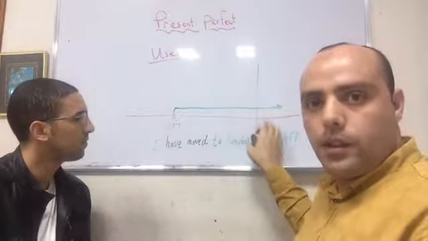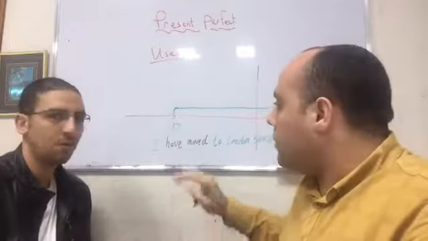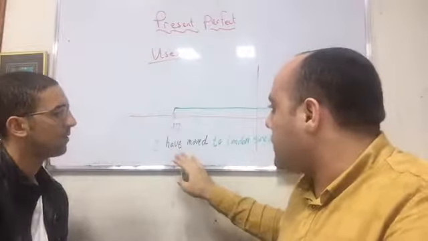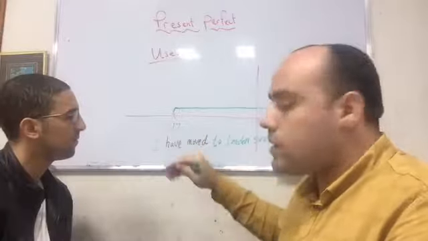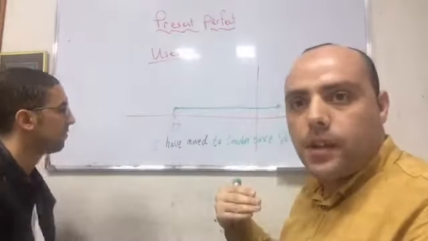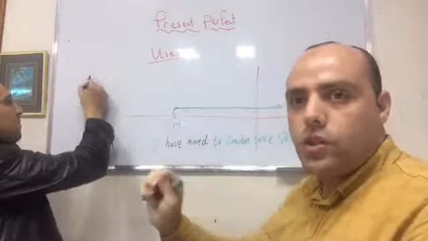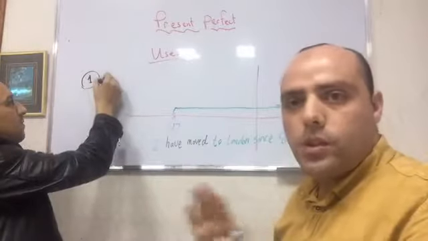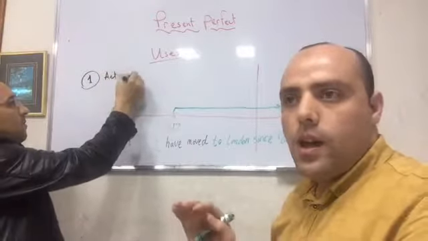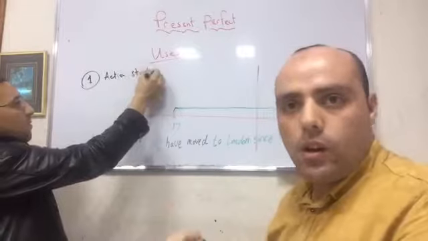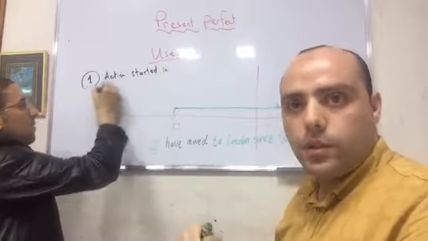And also you can use it to express an action that happened and ended in the past, but just a short time ago. For example, I've cleaned the car, as in the example that we used before in the previous videos.